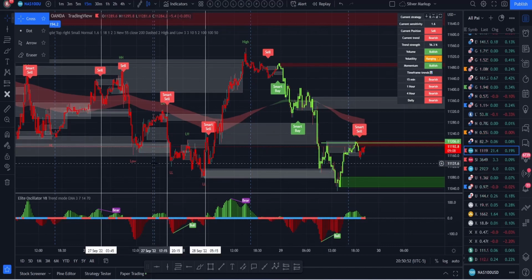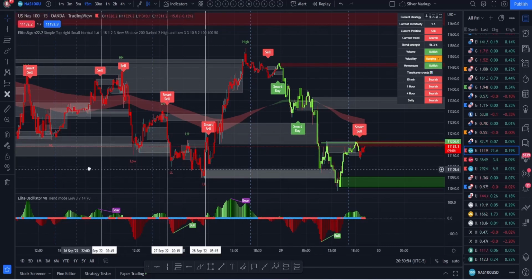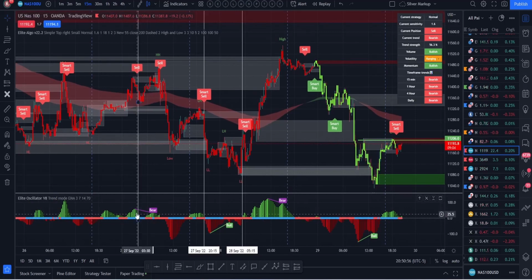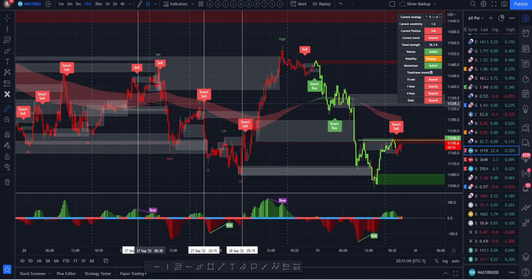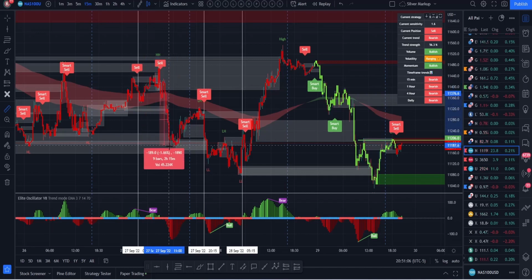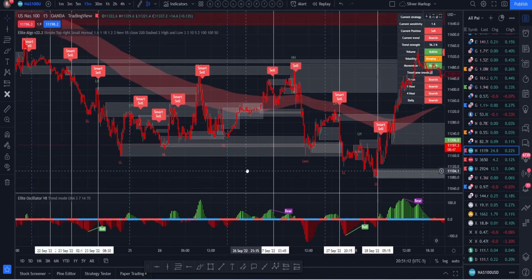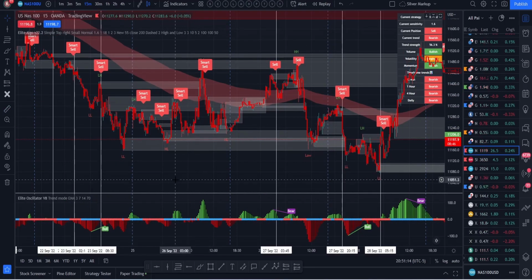So for example, I look for another bearish divergence right here. You get a bearish divergence right after you get a sell signal from here. So from here down, that was a pretty good solid move. So that's why I always keep that on there as well.